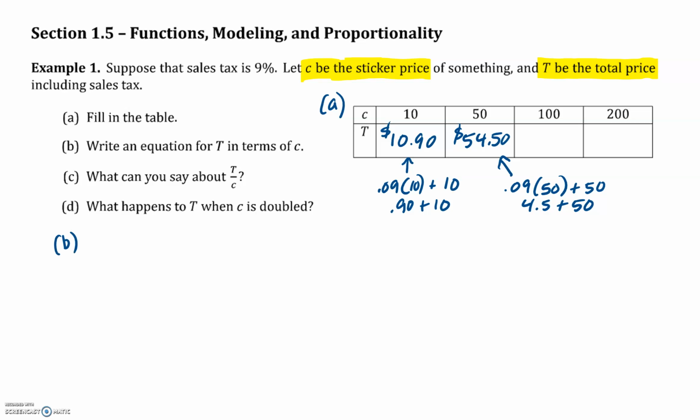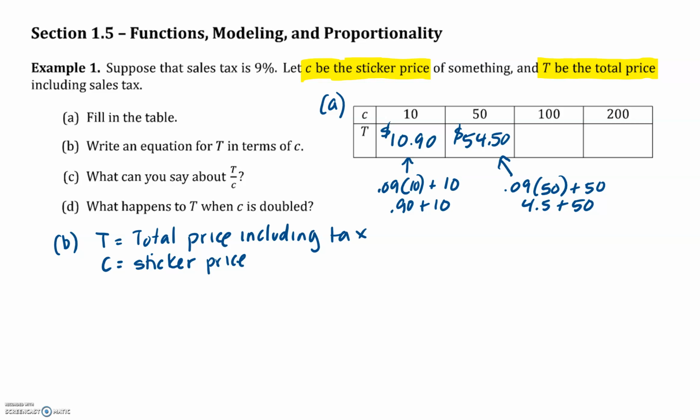Part B says to write an equation for T. So again, T is the total price and C is the sticker price. And we know that that's a total price including sales tax. Okay, so what do we do here?